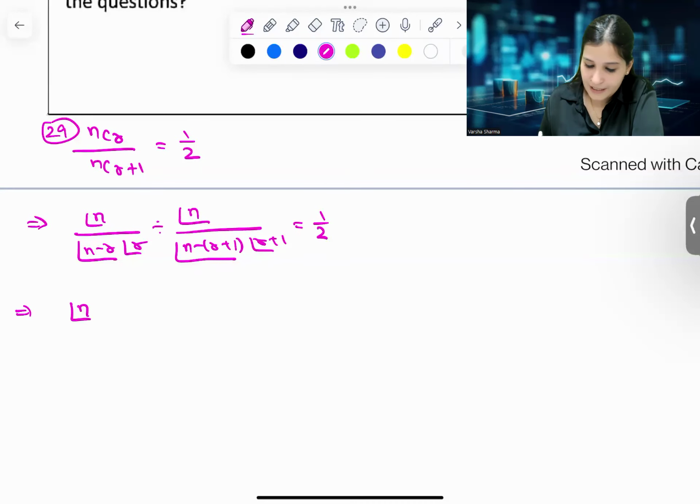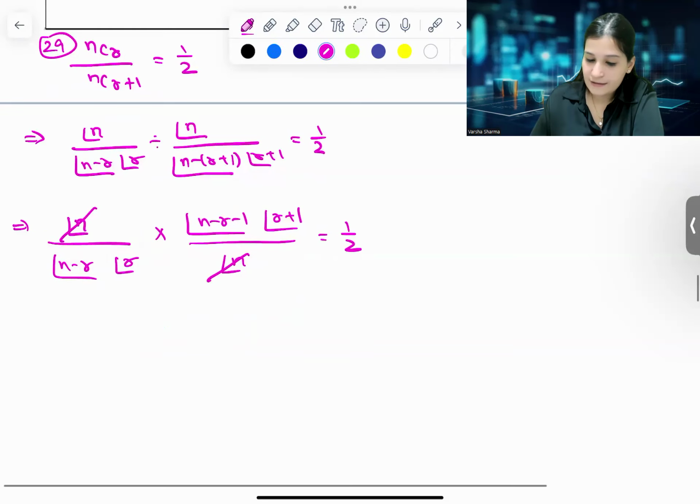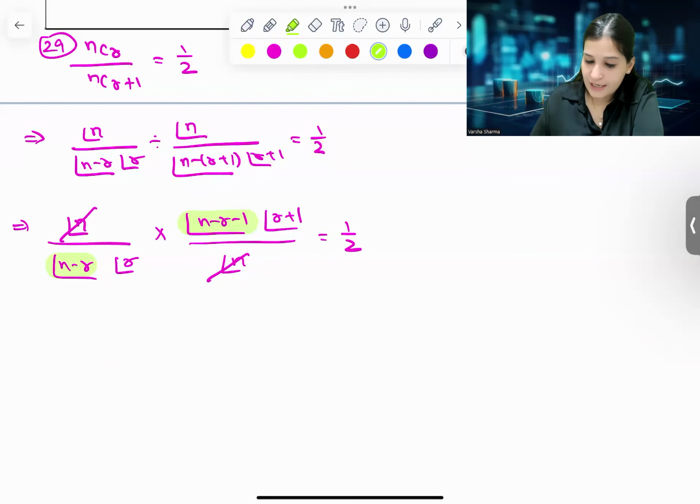From divide to multiplication, it gets reversed. N minus r minus 1, r plus 1 divided by factorial n. Factorial n gets cancelled. They two are of the same category.